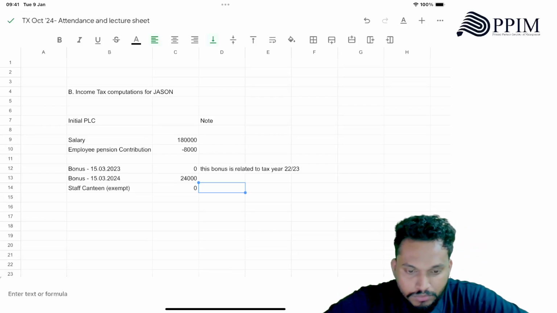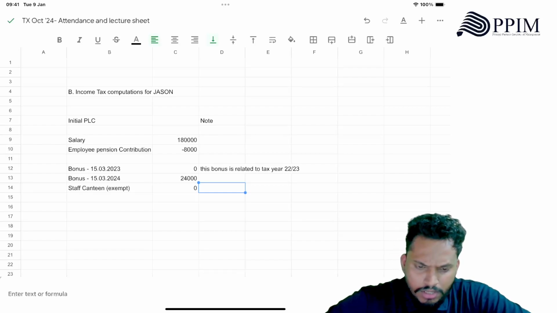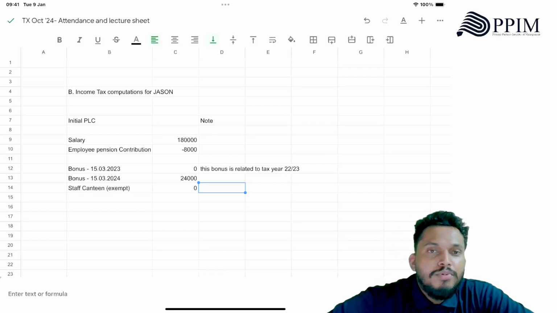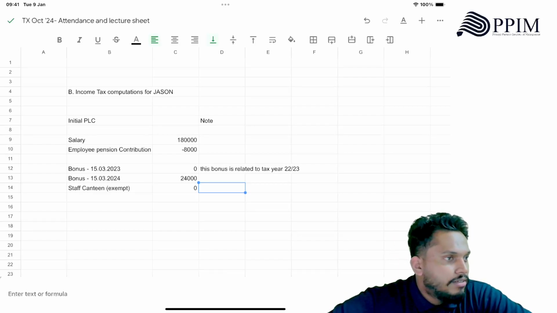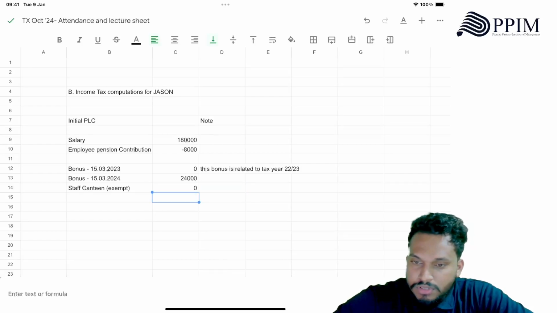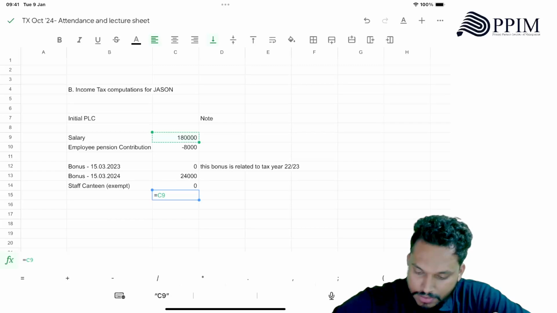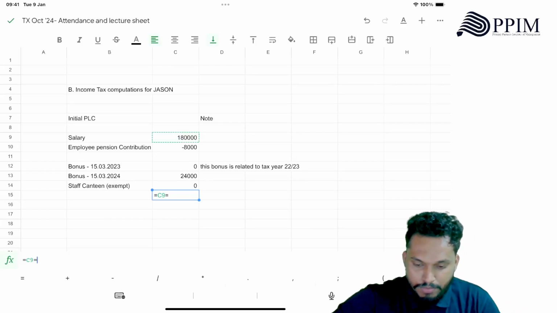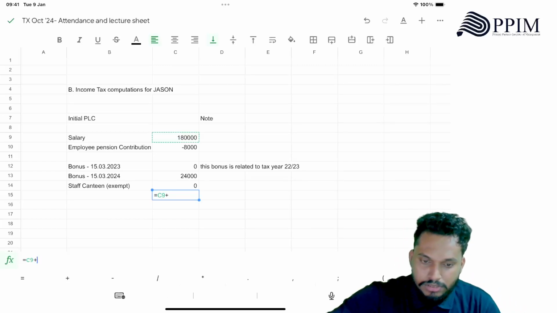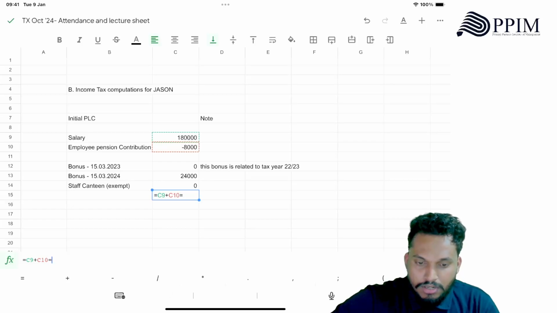Fine. So that's all. They were talking about the employment income from Initial PLC, right? So I would say, you can type the word equal, add it, plus this. Now you have an equation. Unfortunately, I can't use it in this. Okay, anyways, you use this.